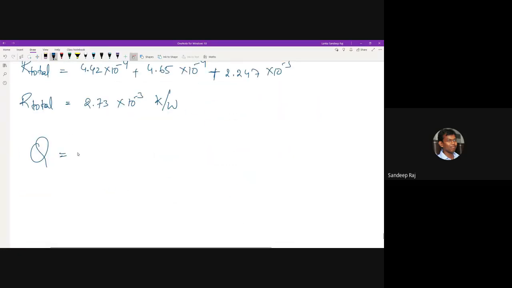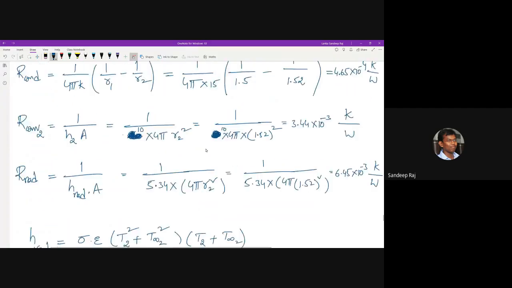The Q value is delta T by R total. The delta T: 0 degree centigrade is inside, that is ice, and outside is 22. So it is like 0 minus 22. For the positive effect, you can take it like 22 minus 0 also. Only the direction matters here.